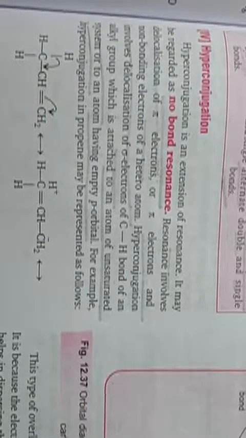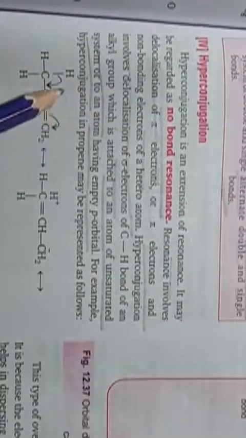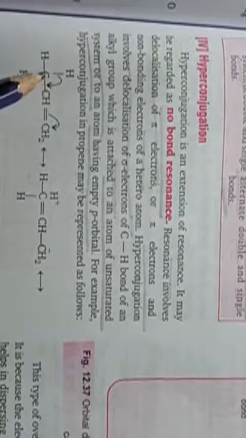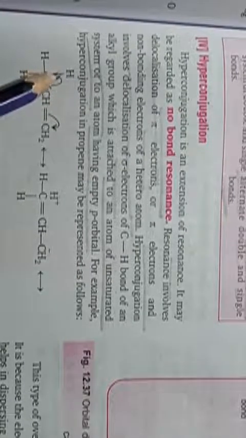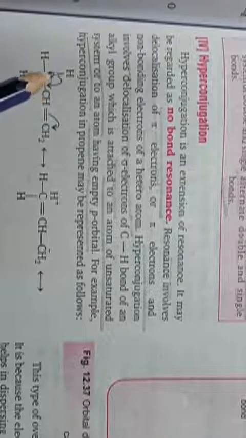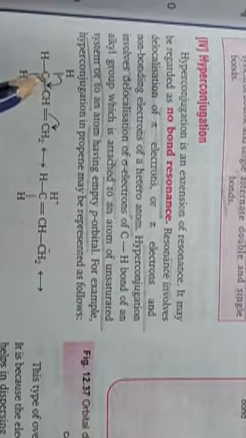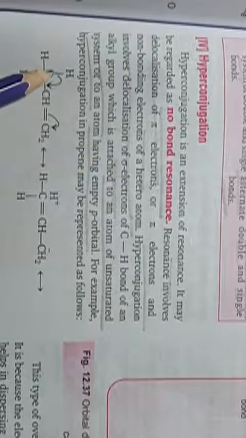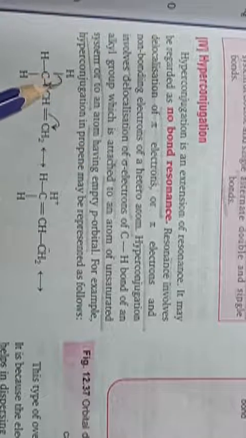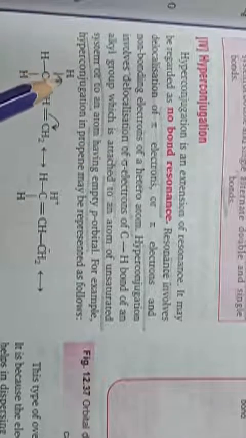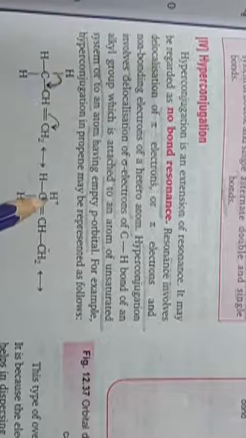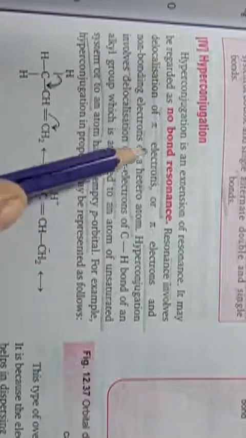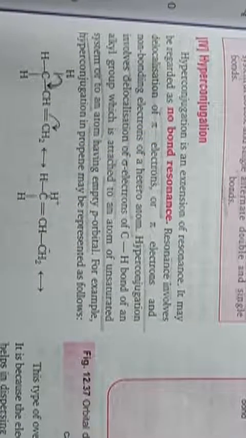So the most important thing is that in hyperconjugation, delocalization of electrons of sigma CH bonds is taking place, and due to this delocalization, there will not be any bond here. So that is why this is known as no bond resonance.